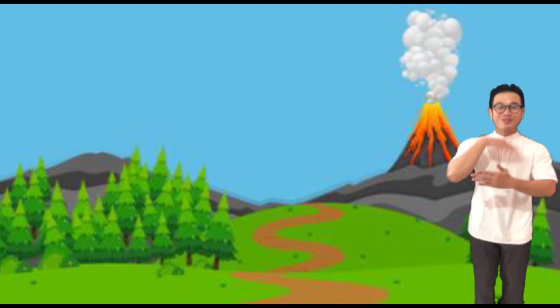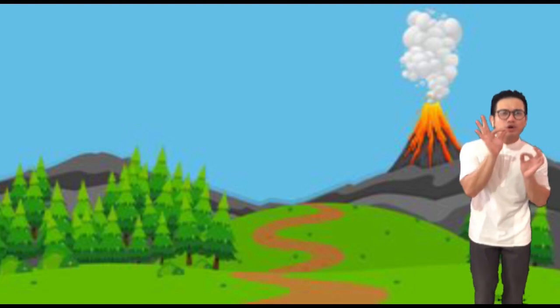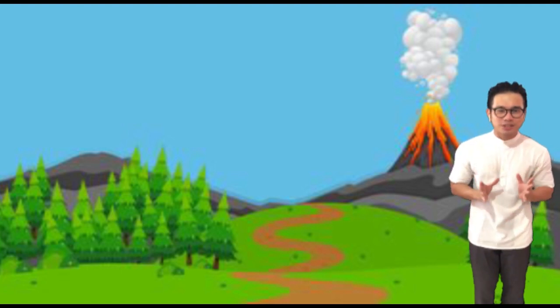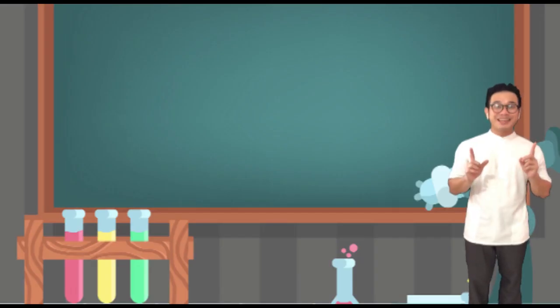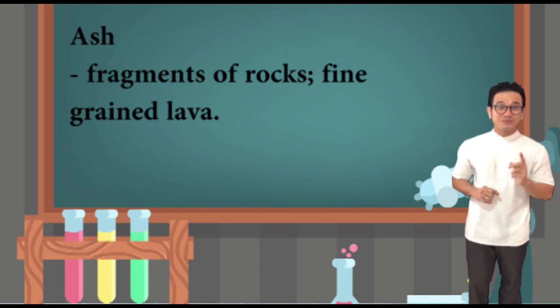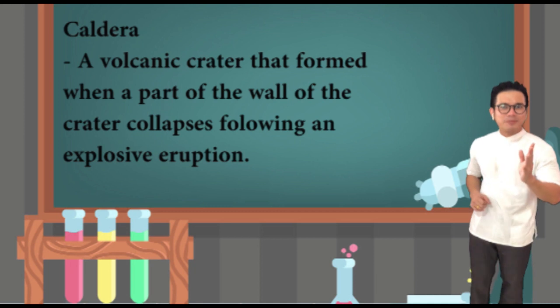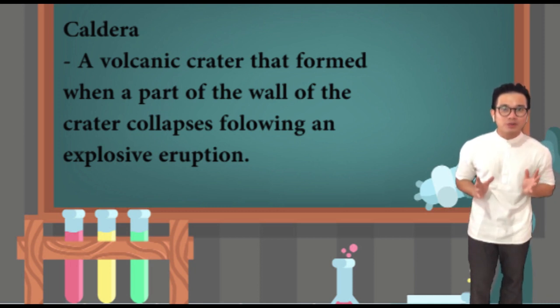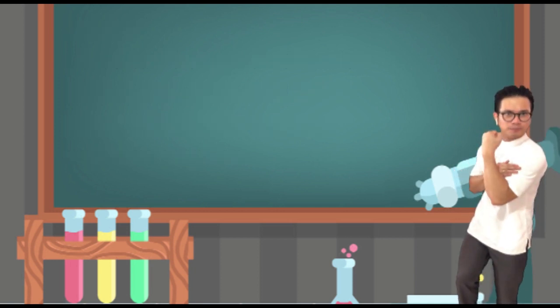Now to start our lesson, let us define the important terms used in volcanic activity. First is ash, fragments of rocks or fine-grained lava. Number 2, caldera, a volcanic crater that formed when a part of the wall of the crater collapses following an explosive eruption.